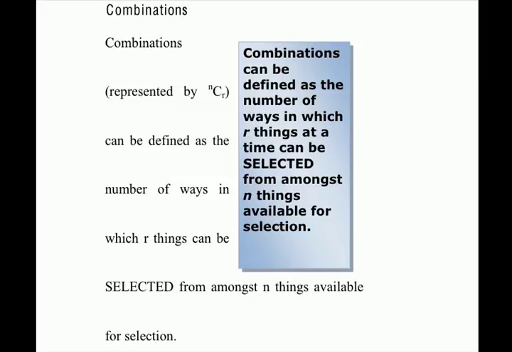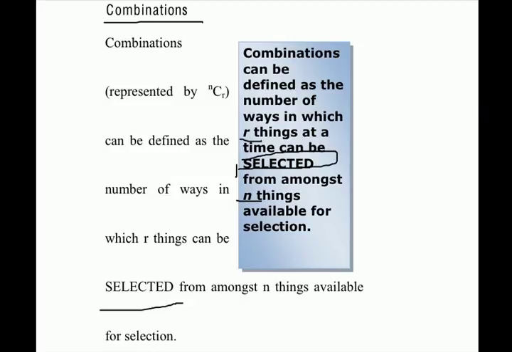Moving on to combinations. A quick definition and a few examples first before we start working on the more difficult problems. So combination is defined as the number of ways in which R things at a time can be selected from amongst n things available for selection.